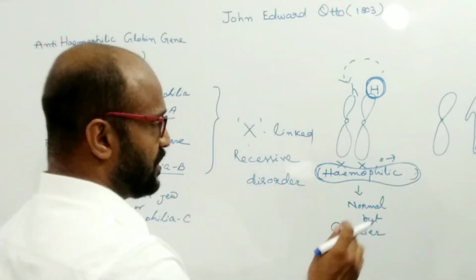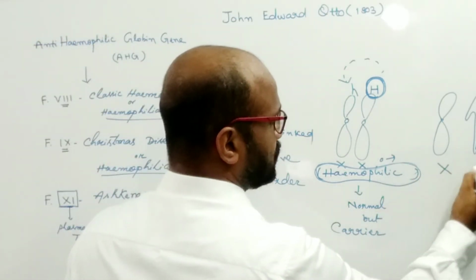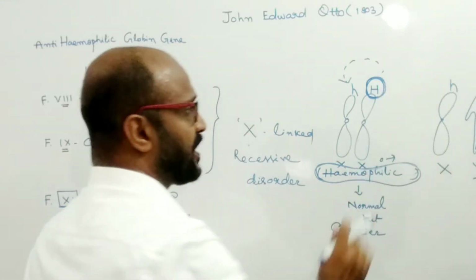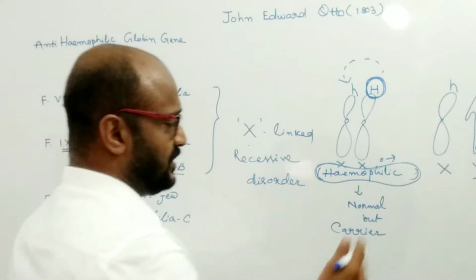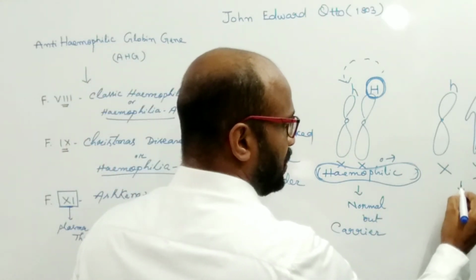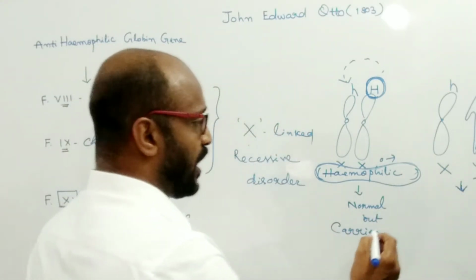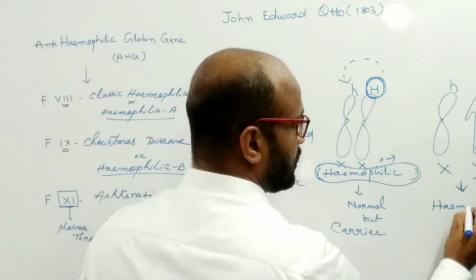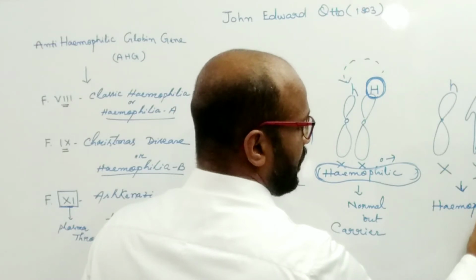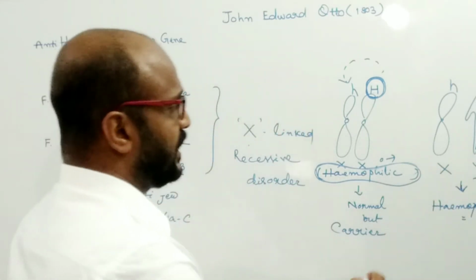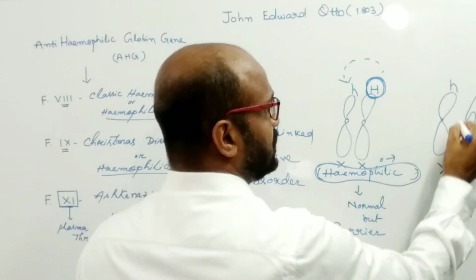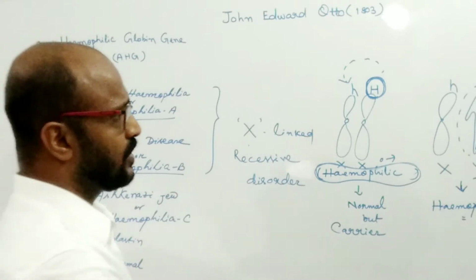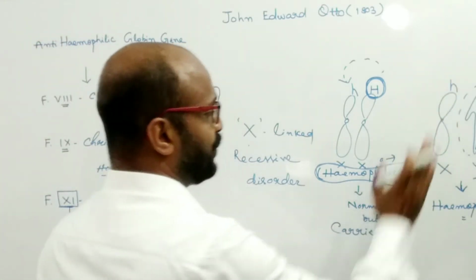It means that if the male has one X chromosome which contains one defective allele, then there is the appearance of symptoms of hemophilia. So the man will be hemophilic. And there is no normal gene or normal allele on the Y chromosome. That's why there is no compensation for the hemophilic gene.